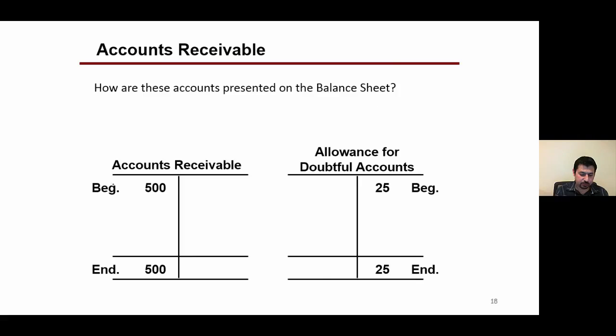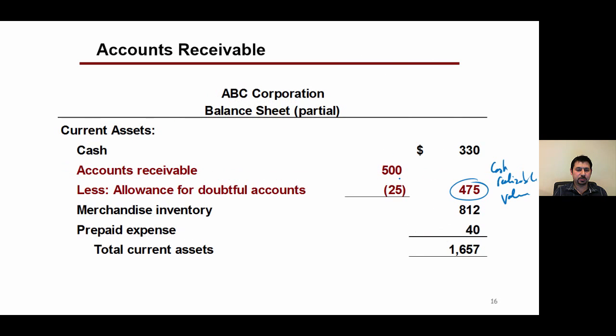So here it was beginning, which is to mean this is the beginning of 2014. As you can see, ending balances from 2013 will be beginning balances of 2014. We started off with a beginning balance of 525 and an allowance for doubtful accounts. This is the information that was here.